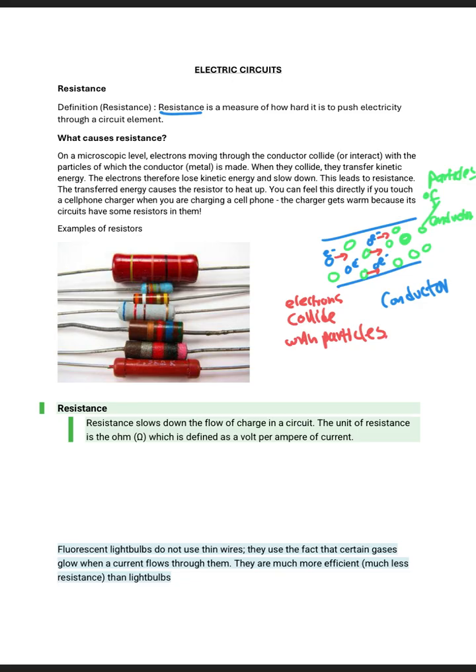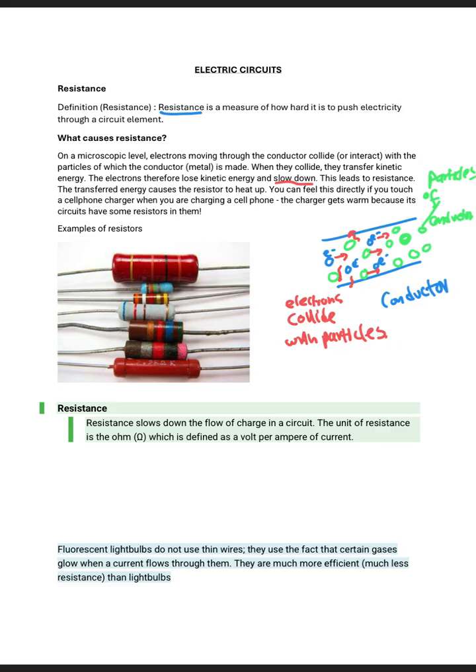When they collide, they transfer kinetic energy. So the electrons therefore lose kinetic energy and then they slow down, because they are transferring that kinetic energy as they collide. They end up slowing down. As they slow down, this leads to resistance.